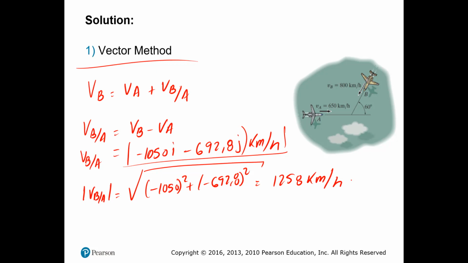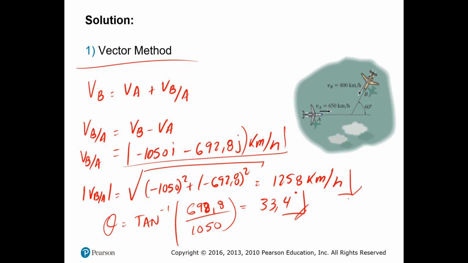If I have an error here, just let me know. And then I need the angle in between them. So that will be inverse tangent of 692.8 divided by 1050. And that will give me 33.4. That's it. With that, I just solved the exercise using this method.